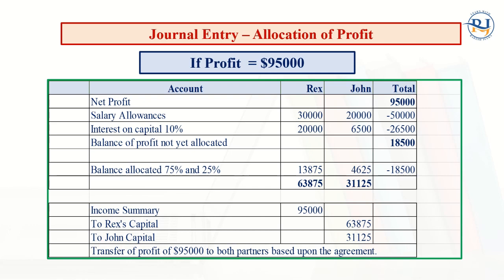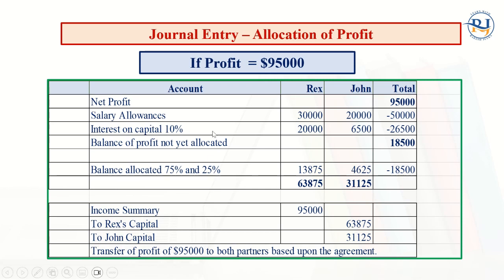Look at this. The net profit, on the right hand side you can see total, Rex, John, and account. Salary allowances. How much salary allowances are there? $30,000 and 20,000. This is fixed for 1 year. 30,000 for 1 year salary compensation, right? So that will be given to Rex and 20,000 to John. Whether there is a profit or a loss, doesn't matter.